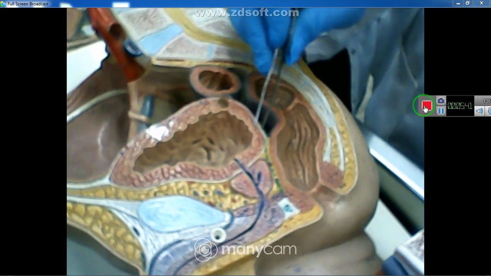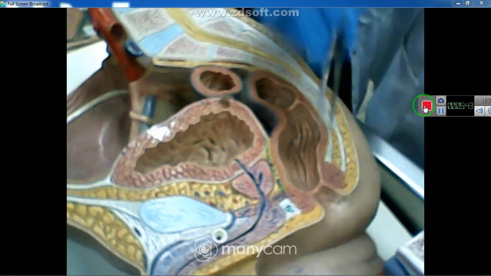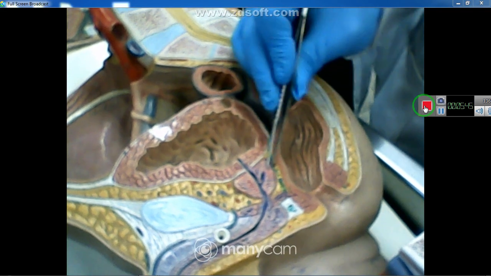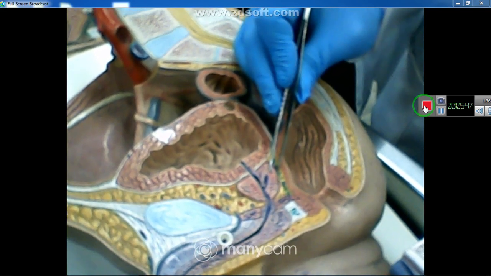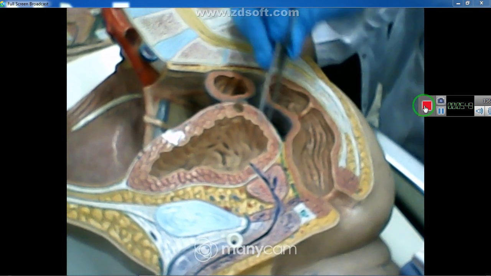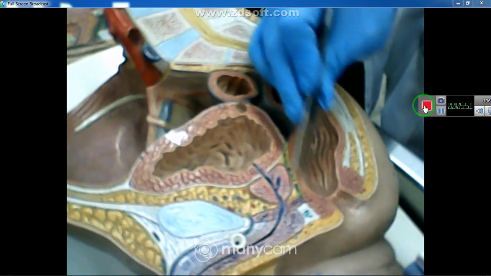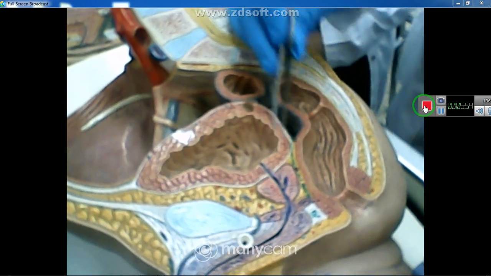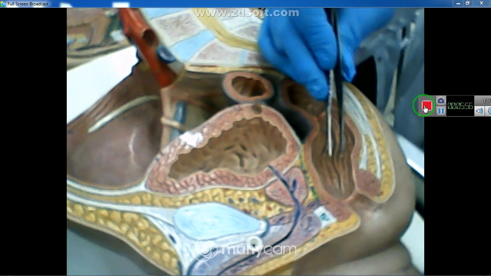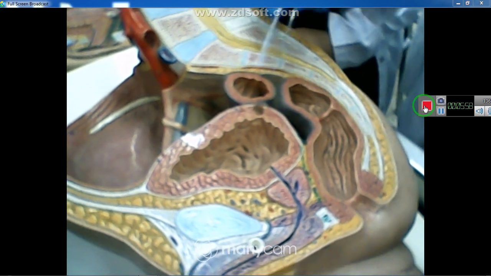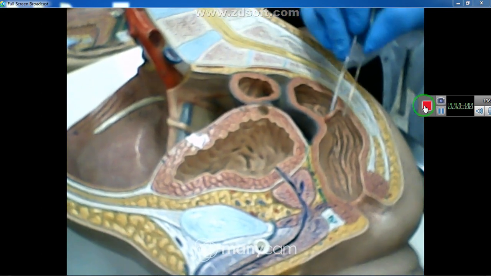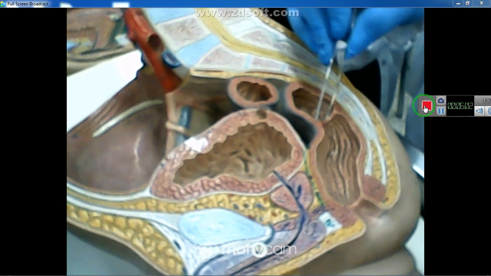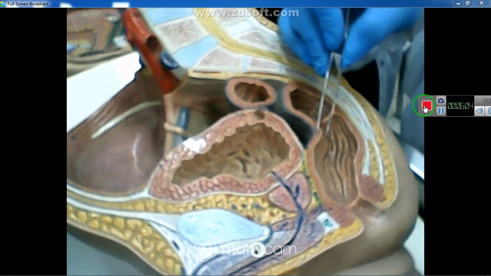And more anteriorly, it is related to the urinary bladder, seminal vesicles, prostate, ampulla of vas, and ureter. All of these are located anteriorly. Prostate and other structures are on the back of the urinary bladder. This is all about the rectum in regard to its curvatures and its relations.